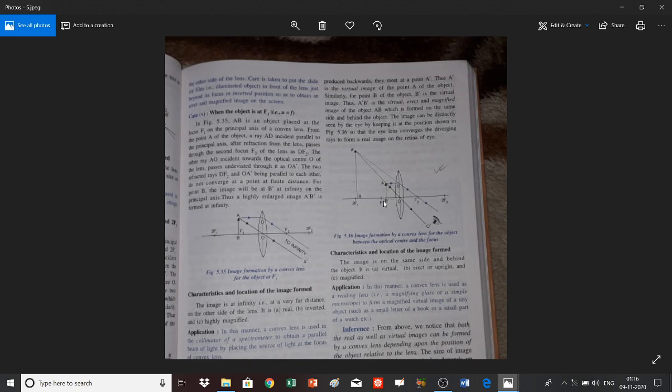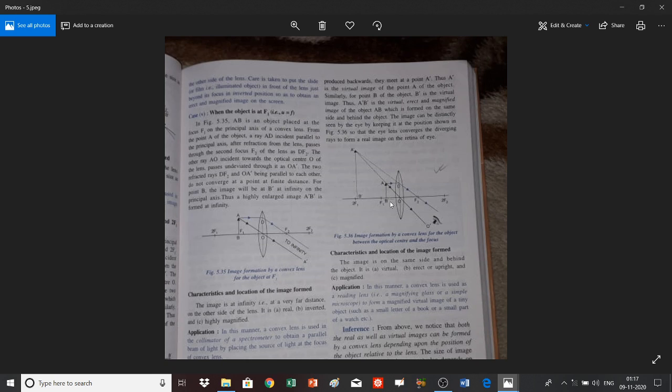So this OF1 distance is small f, and you have to place the object at a distance which is smaller than the focal length. So consider that the object is placed here.